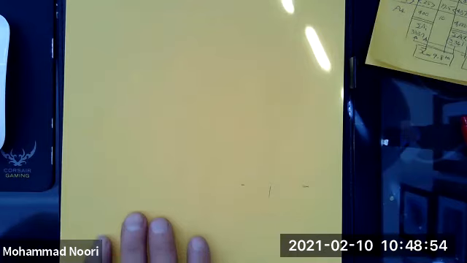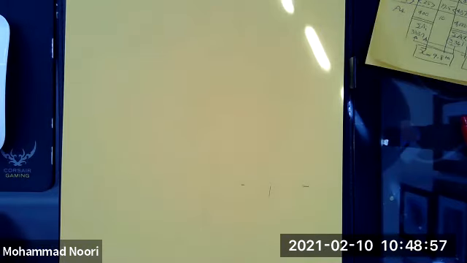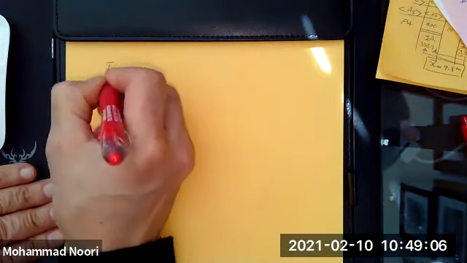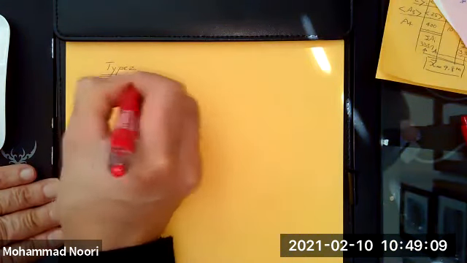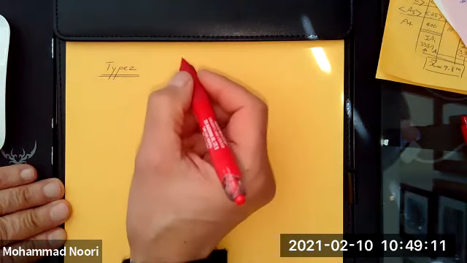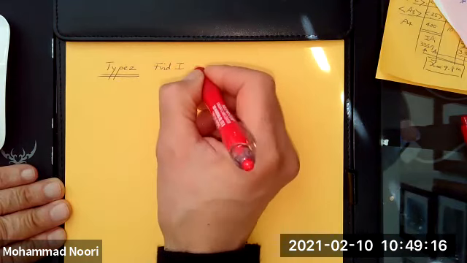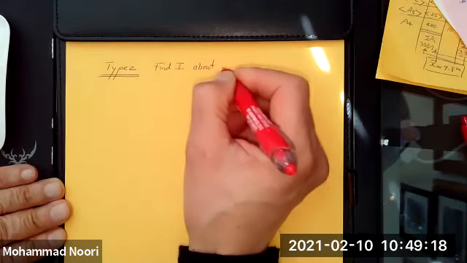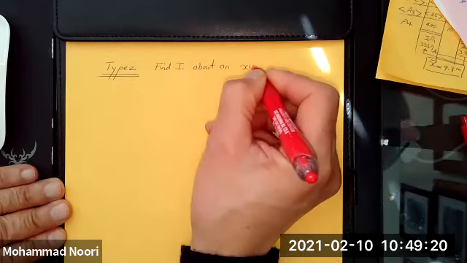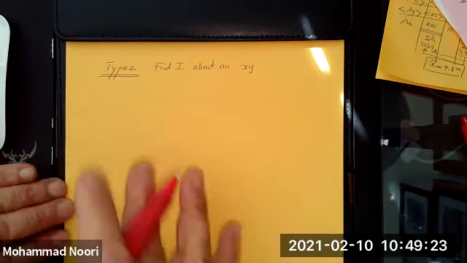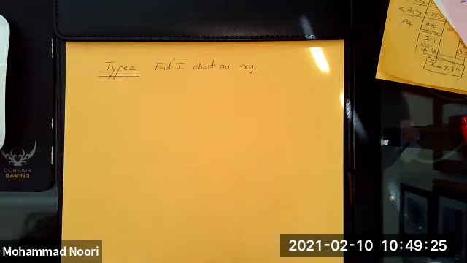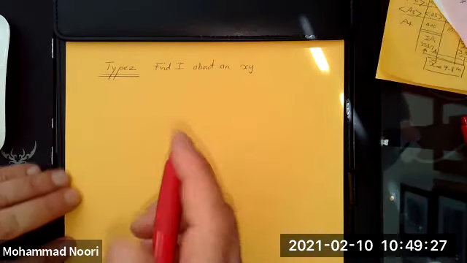So let me do another problem here, which is the second type of problem. I write type 2 problem. In this case, you're asked to find the moment of inertia about an existing XY coordinate. So I'll do a relatively simpler problem, but the concept is the same.